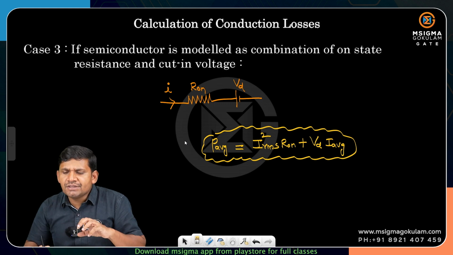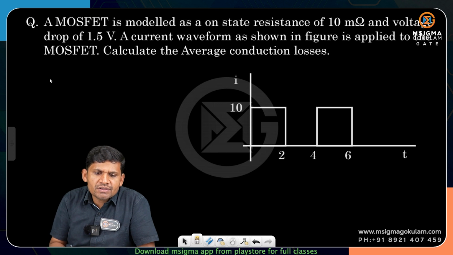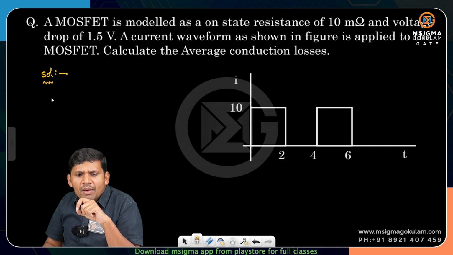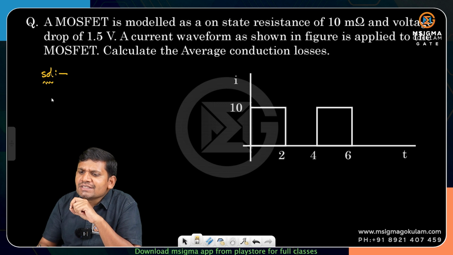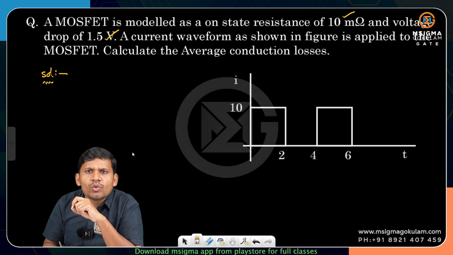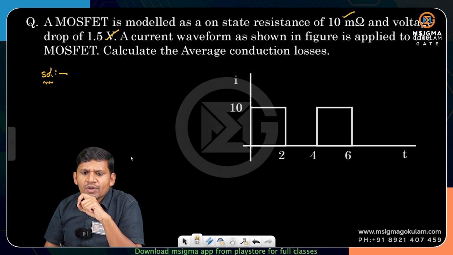Now with this knowledge, let's see how to solve the questions. This is one question, students. Once you know the concept I explained, solving the problems is very easy. A MOSFET is modeled as an on-state resistance of 10 milliohms and a voltage drop of 1.5 volts. A current waveform as shown in the figure is applied to the MOSFET.